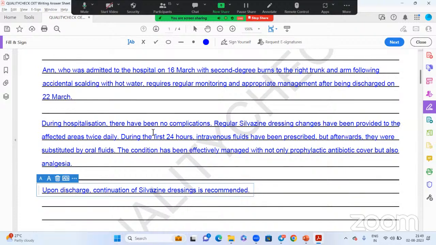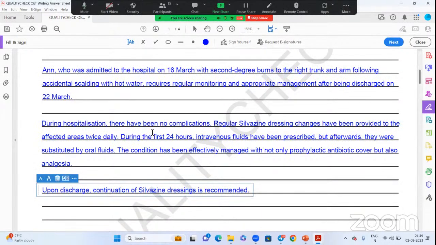Continuing silvazine dressings is recommended. Continuation of silvazine dressings is recommended. Continuity of silvazine dressings is recommended. Ongoing silvazine dressings is recommended. Ongoing silvazine dressings are recommended. So dressings are recommended, that is it. Continuation is recommended. According to your style, you have to write.